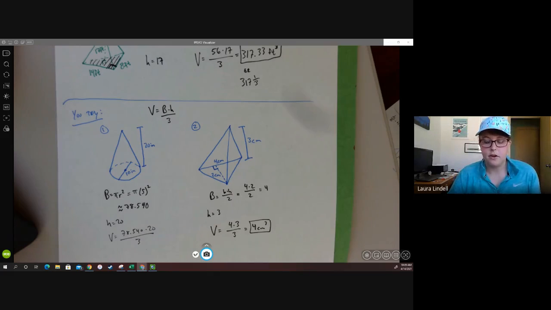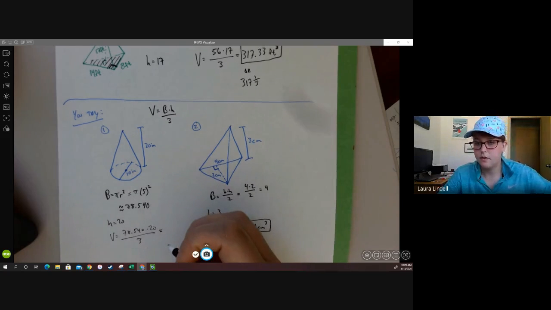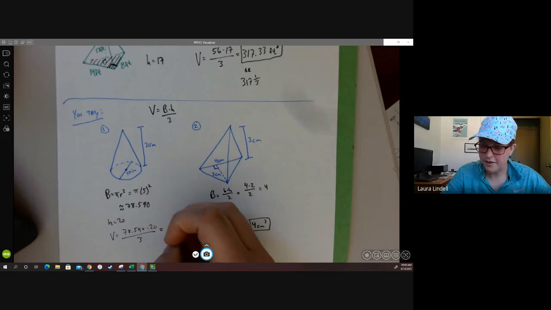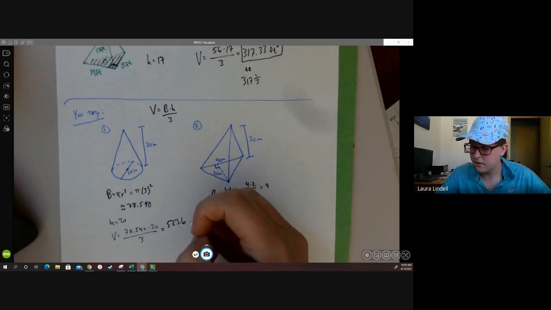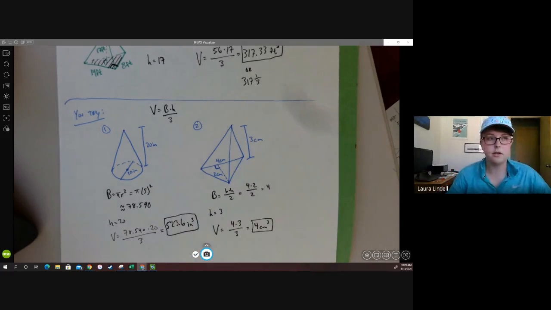Anybody willing to share their answer here? All right. No one's interested. We should get 523.6 cubic inches. So if that's what you got, you did it correctly.